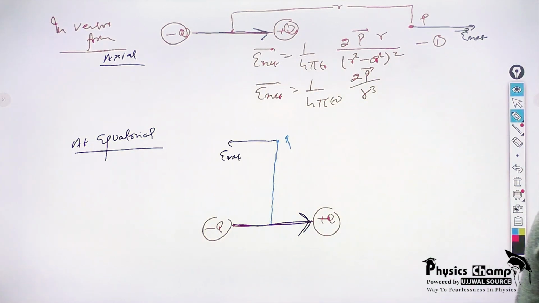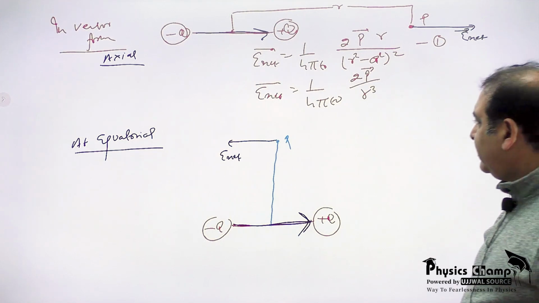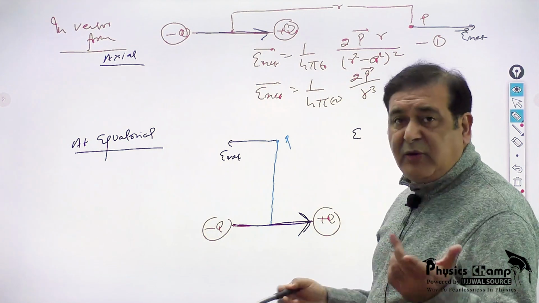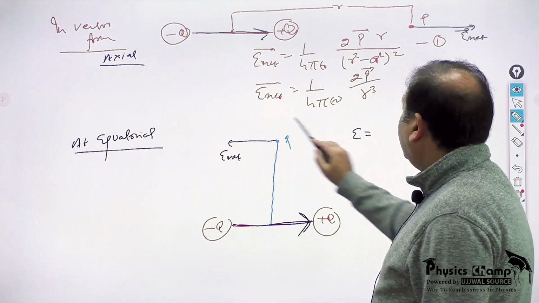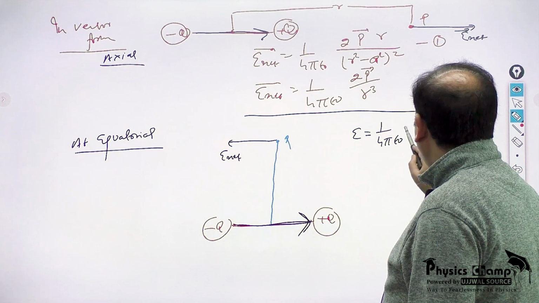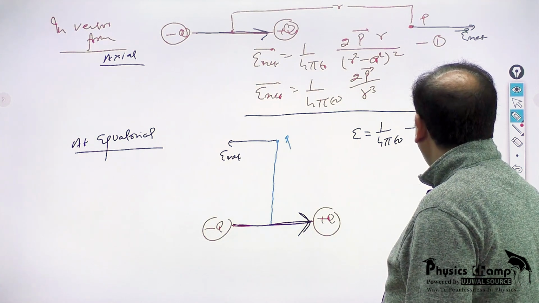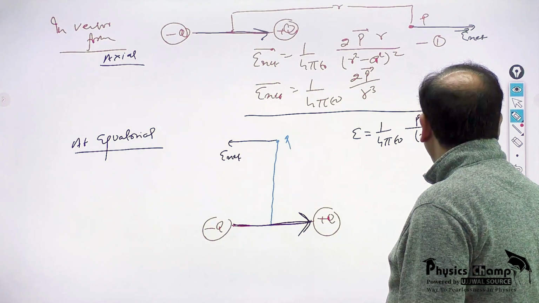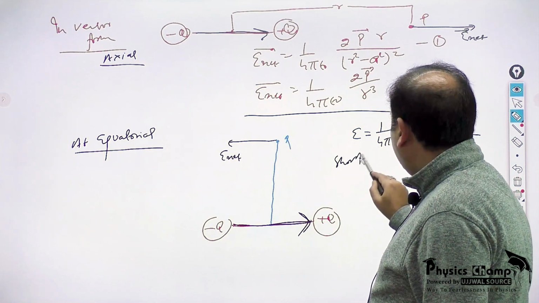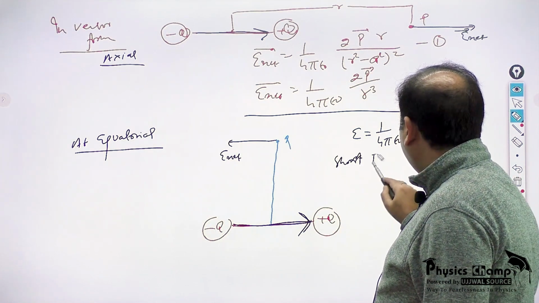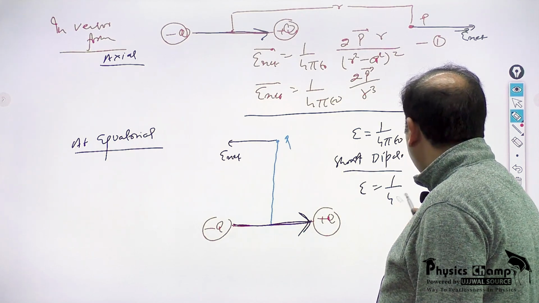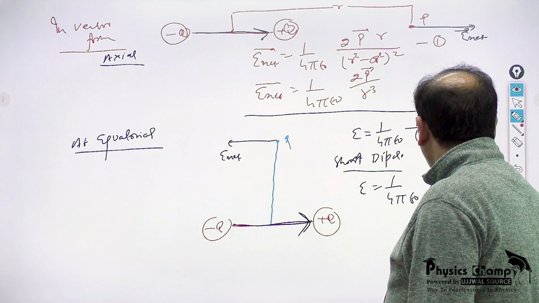It is anti-parallel to the dipole moment. So the magnitude of the electric field was 1 by 4 pi epsilon naught P by r square plus a square to the power 3 by 2. And for a short dipole, the electric field is 1 by 4 pi epsilon naught P by r cube.